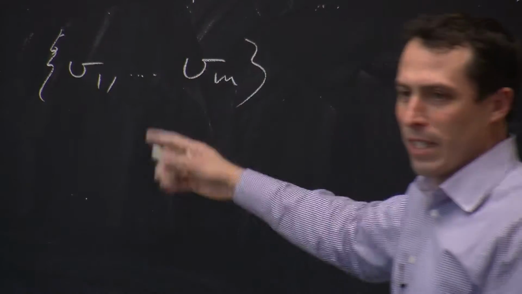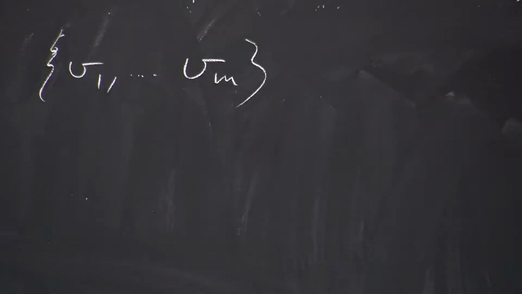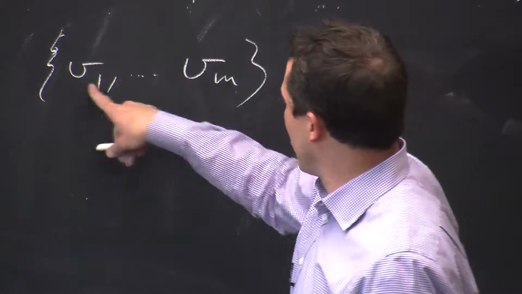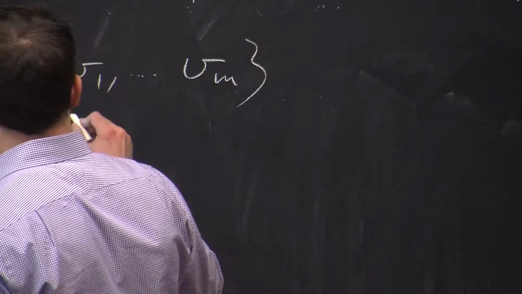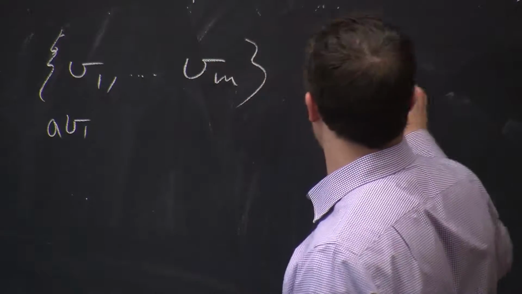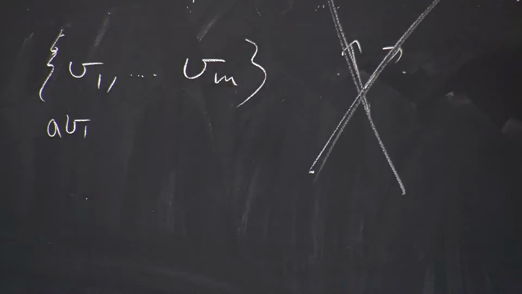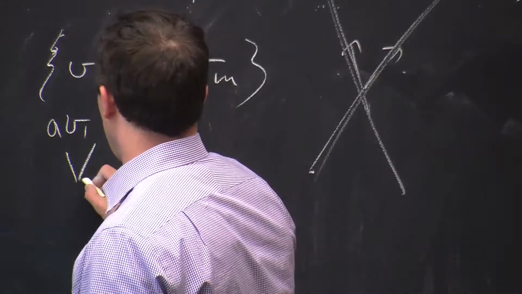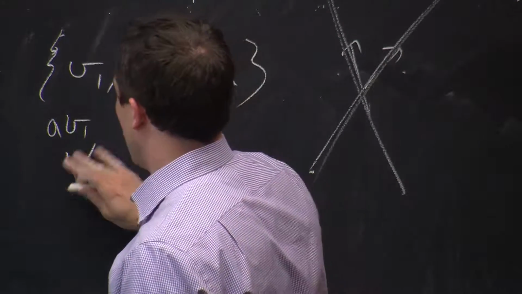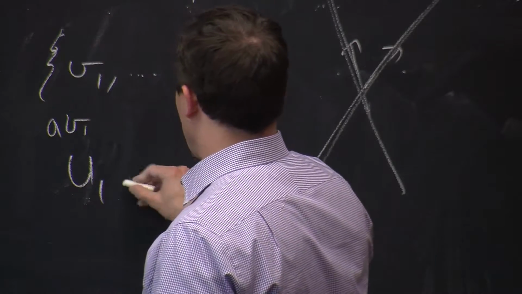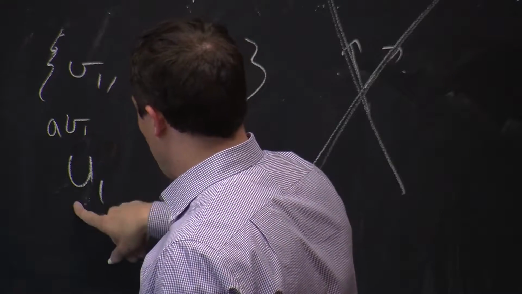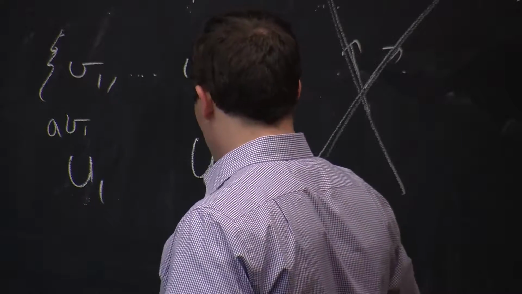Actually, I can think of it as a set here because I don't care about redundancy. It's a vector space, so if it contains one of these, it contains all multiples. It contains this vector and that vector, and all multiples in both directions. So that's a subspace. It contains all multiples of this and everything in between.